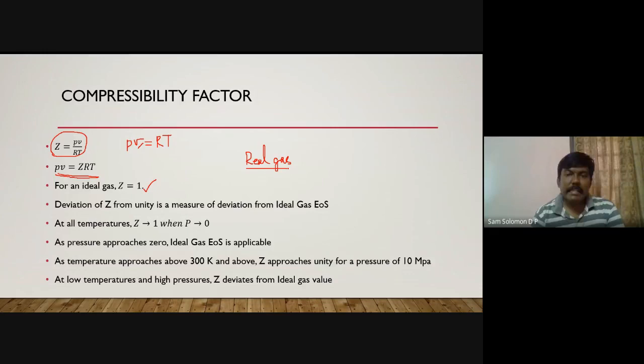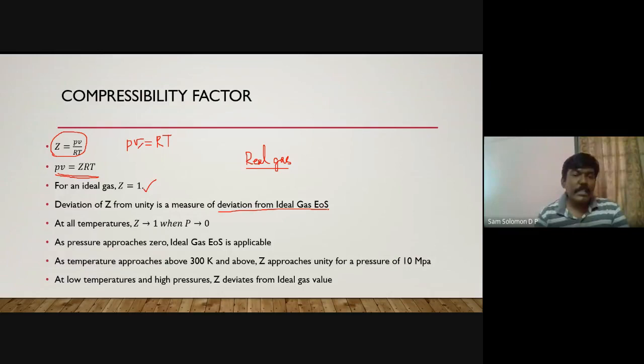So whenever your Z is not equal to 1, then there is a deviation from ideal gas equation of state. And if you remember in the last class, we said that whenever the pressure is 0, we can call that the ideal gas equation of state.